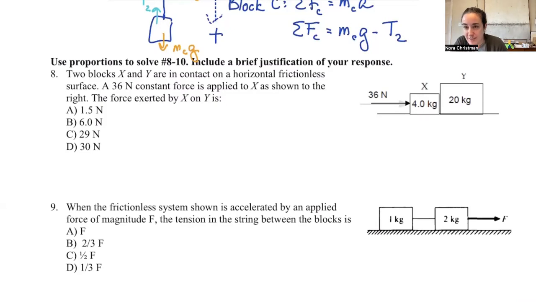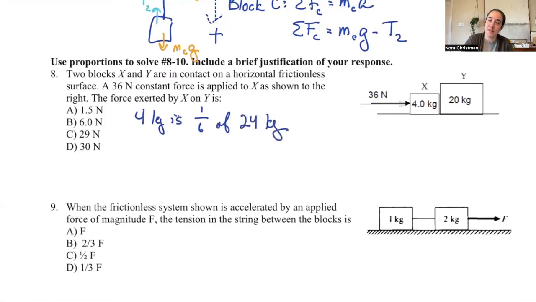So how my brain processes this, I'm going to say 4 kilograms is 1/6 of 24 kilograms. That's true. However, really what I care about is the 20 kilogram piece of it.